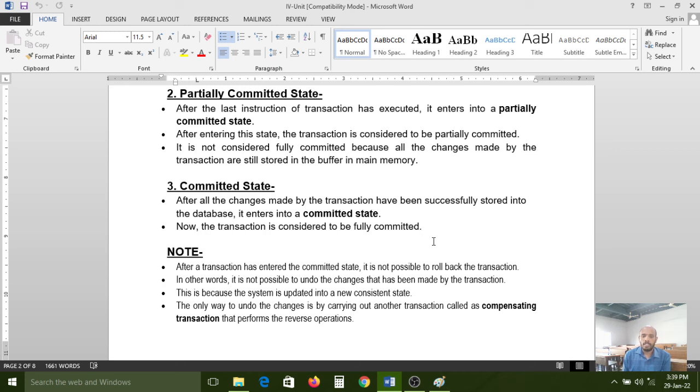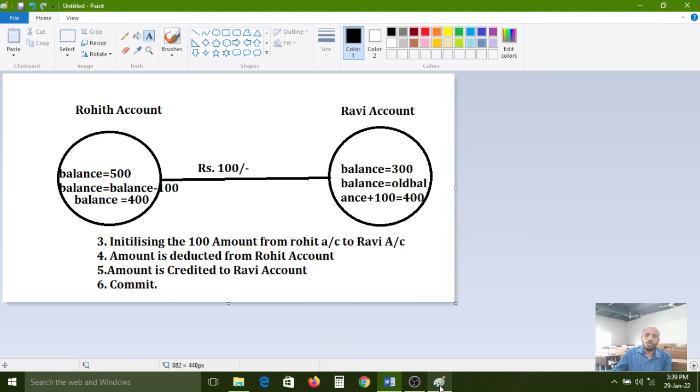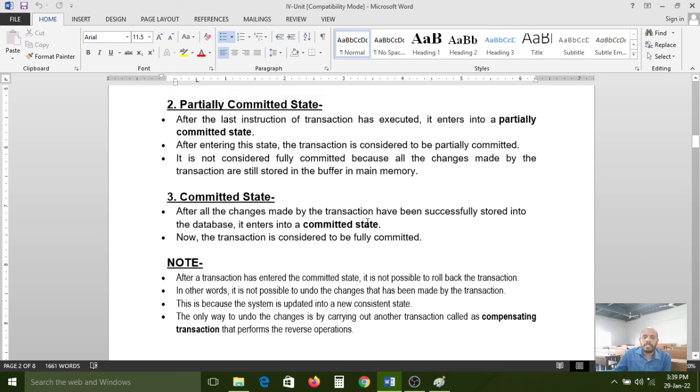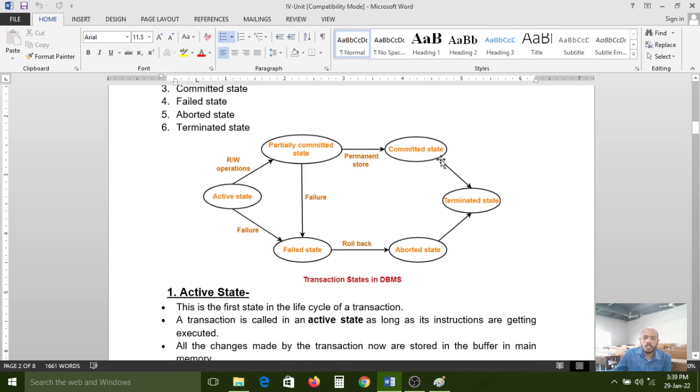In that case, the data goes to Ravi's account. It is permanently committed. So that is the committed state. After completion of the successful transaction, you will close that application. So that is the terminated state.